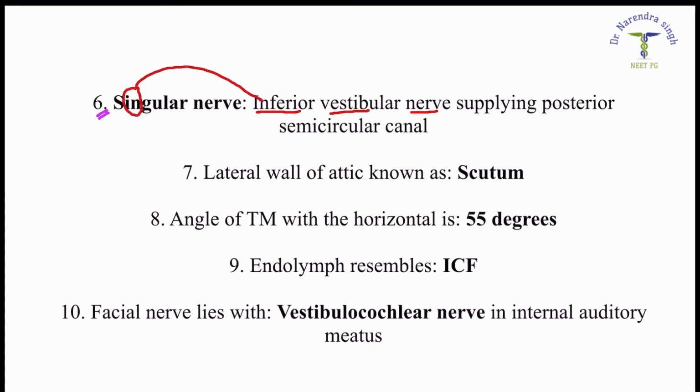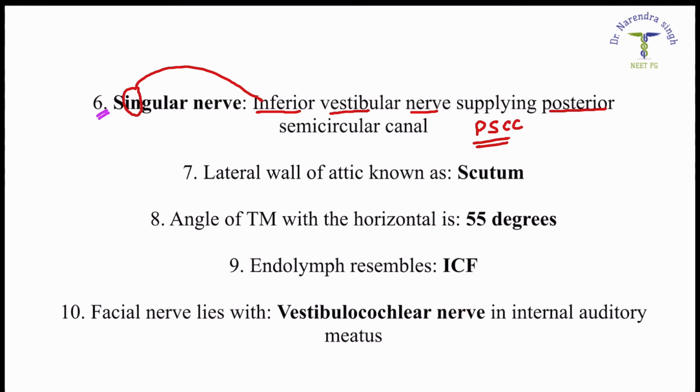IN is for inferior vestibular nerve, which supplies the posterior semicircular canal. So the branch of the inferior vestibular nerve supplying the posterior semicircular canal is known as the singular nerve. We have to keep in mind.